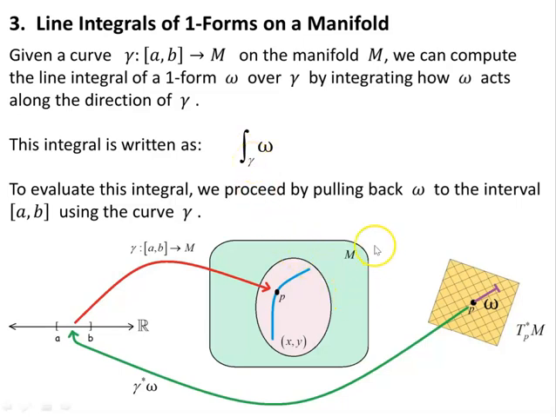Now, okay, so here we have a manifold M, and we have a local coordinate system on it, or chart. Now, on a manifold, you're unlikely to have a single coordinate system that covers the whole of the manifold.